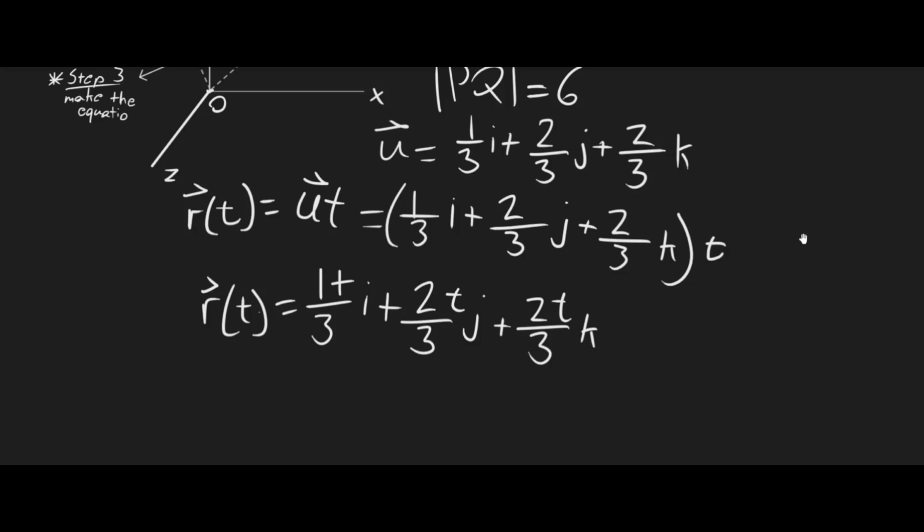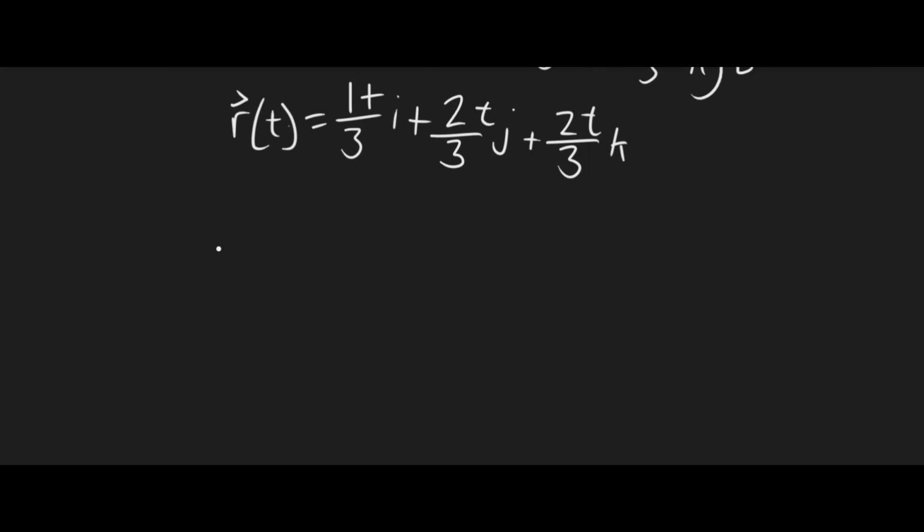What that means is that you're going to have 3 equations for each of the components: one for the x, one for the y, and one for the z. The x component would just be the i component, so it's going to be t over 3. The y component is the j, or 2/3 times t.